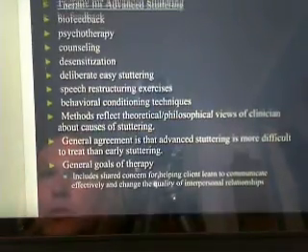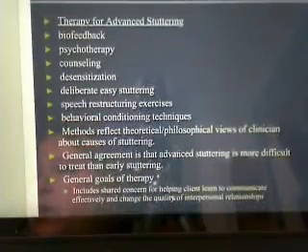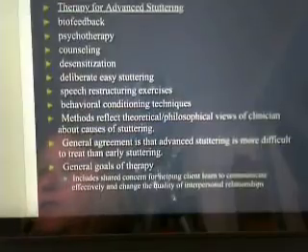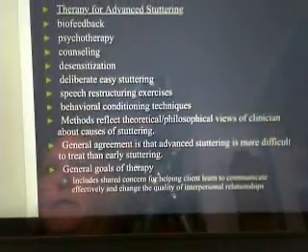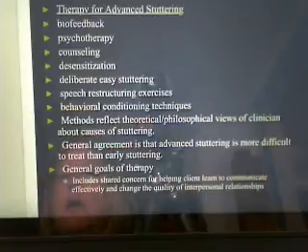To conclude, on the last slide here is therapy for advanced stuttering. For adults who may continue to have a chronic stuttering disorder, some of these strategies are mentioned again in your textbook, and it really can vary.